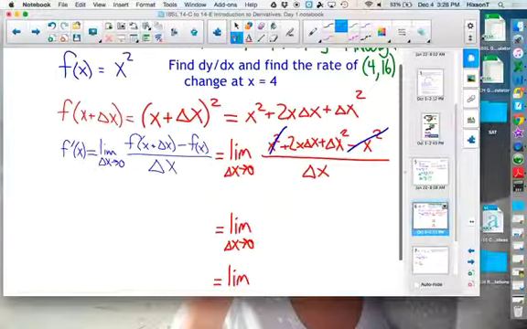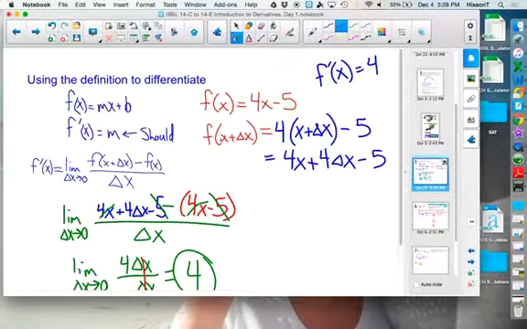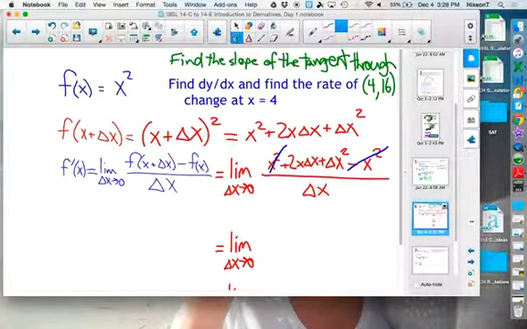You're plugging this in for x. Just like back here, we plugged it in for x: 4 times the x plus delta x minus 5. So you always plug x plus delta x into your f of x. Okay?